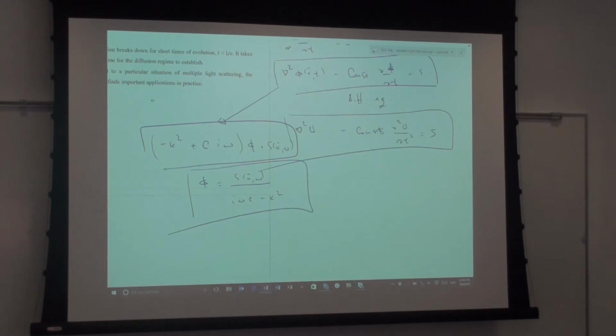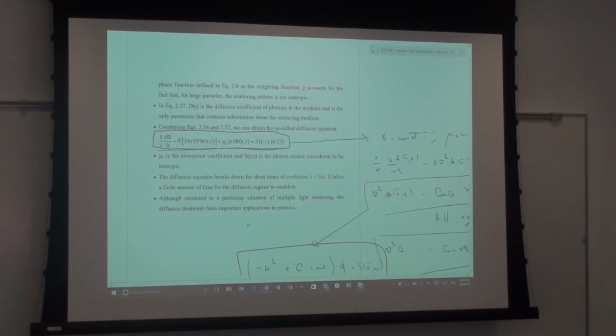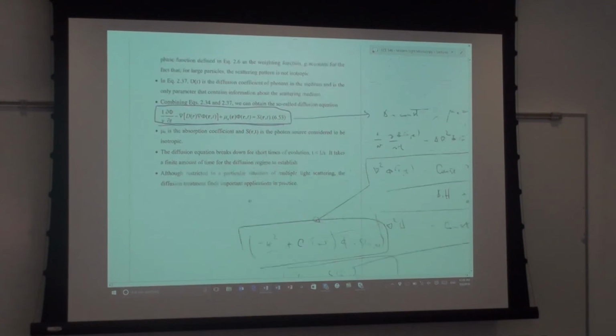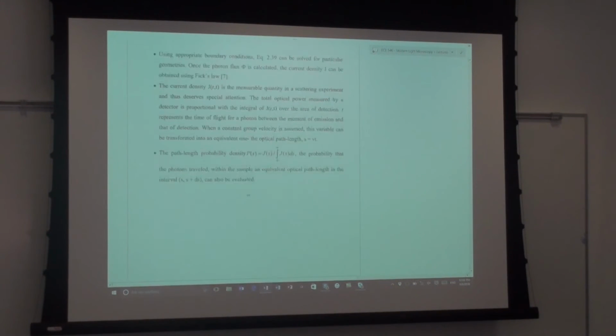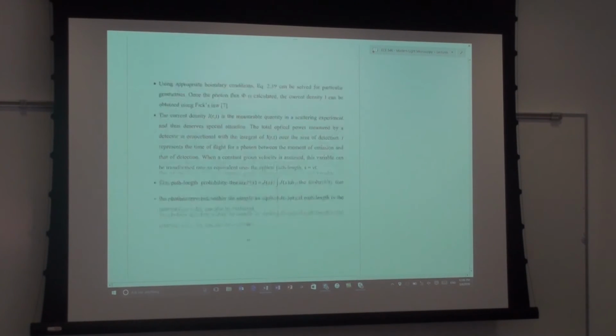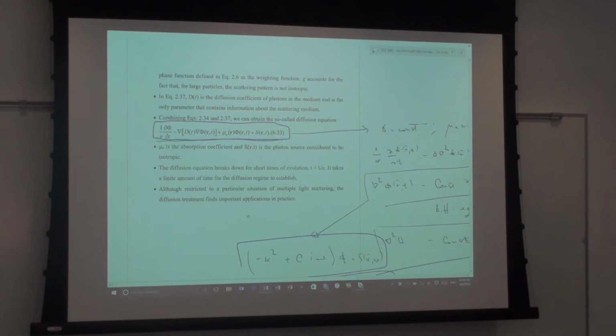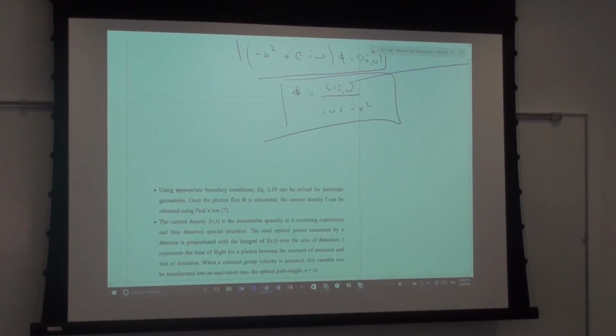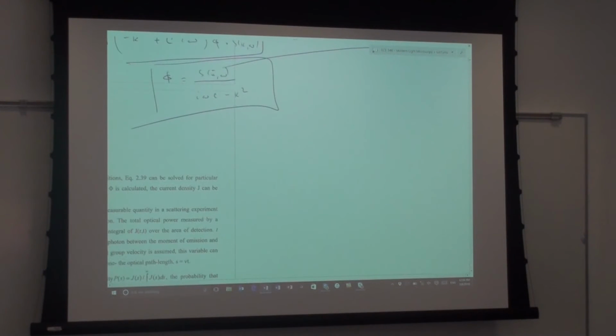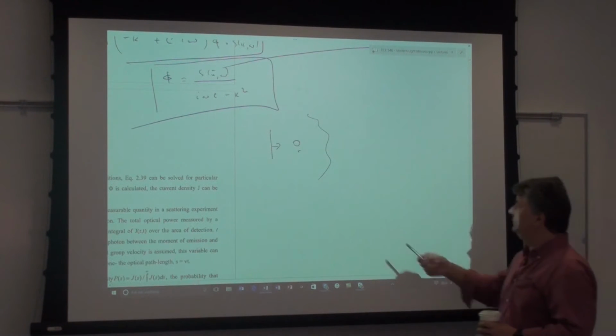Okay? One last thing I wanted to say. You're not going to need it unless you start working on this or you do it for your research. But I think it's important to at least think about it for a second. If I have scattering with a certain particle, let's say radius r, plane wave, I measure the scattered field.